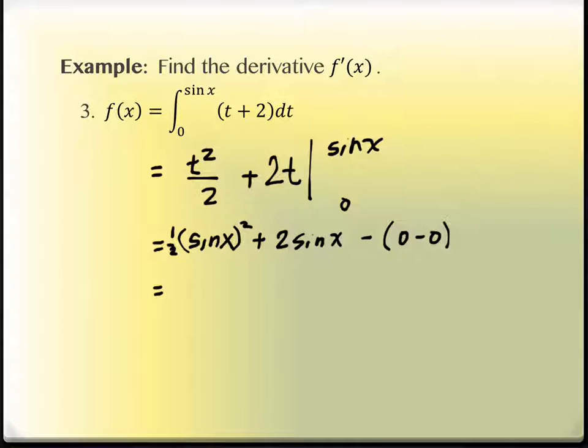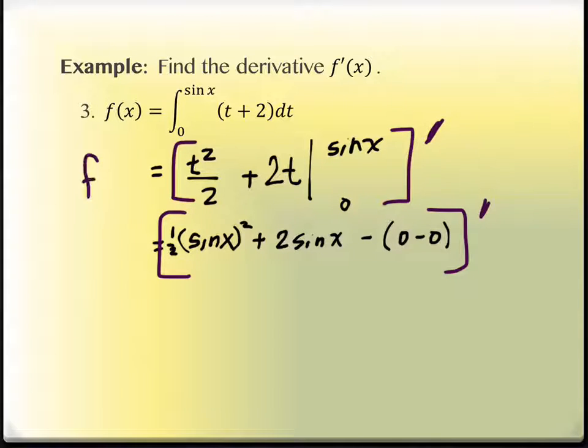So if I want to take the derivative of this now, let's go back in here and take the derivative. Our goal is to find the derivative of this thing. So I want the derivative of 1/2 sine of x quantity squared.